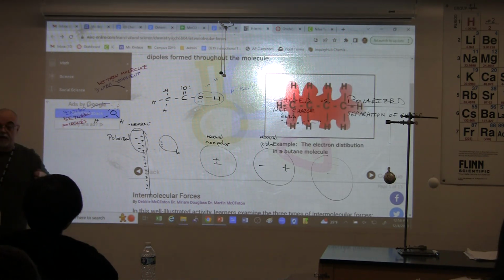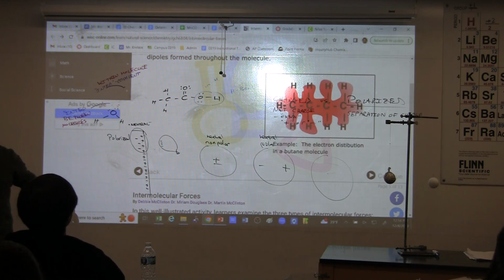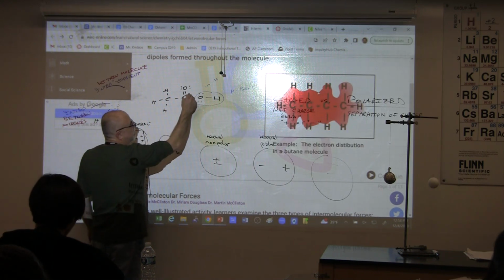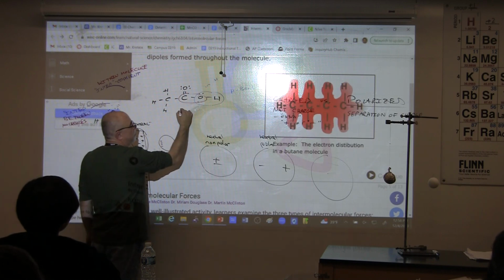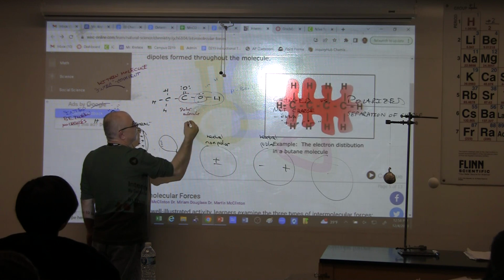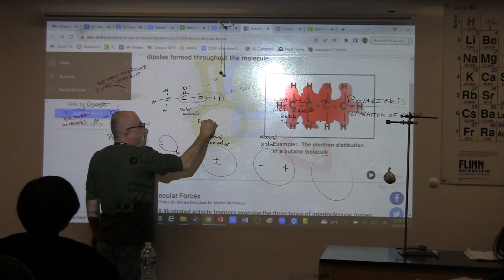Well, is the molecule itself polar? Does it look like it has polarity as a whole? Yeah. Doesn't it look like it could be polar around this section? So because of the general polarity in the bond, or in the molecule, that means that this molecule can also do dipole-dipole with other molecules.